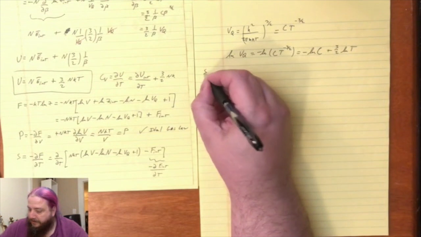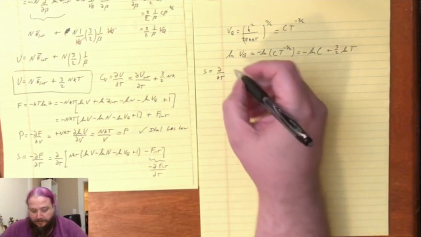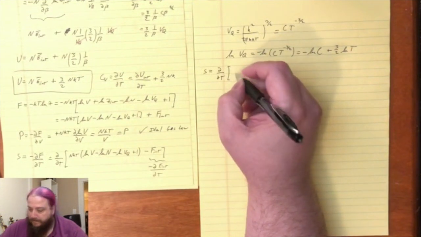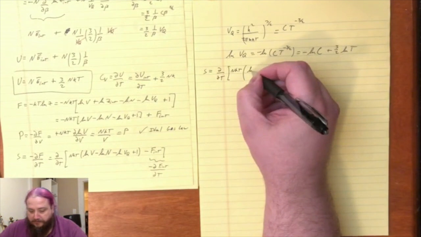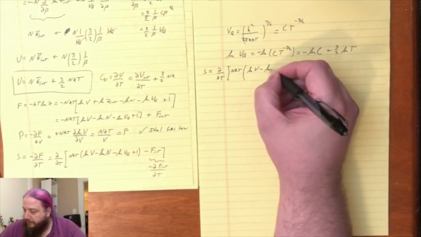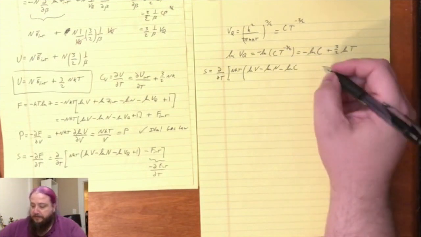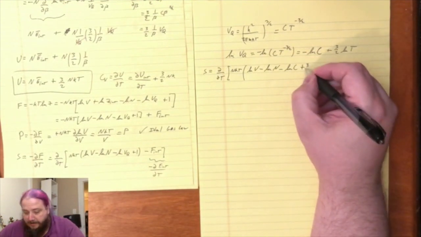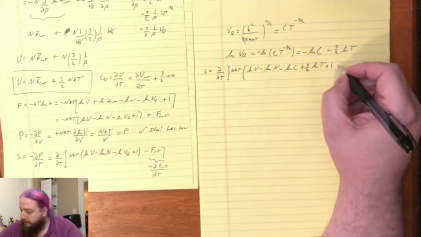So entropy is d by dT of nkT times logarithm of volume minus logarithm of number of particles minus logarithm of big ugly constant plus 3/2 times the logarithm of temperature plus 1.